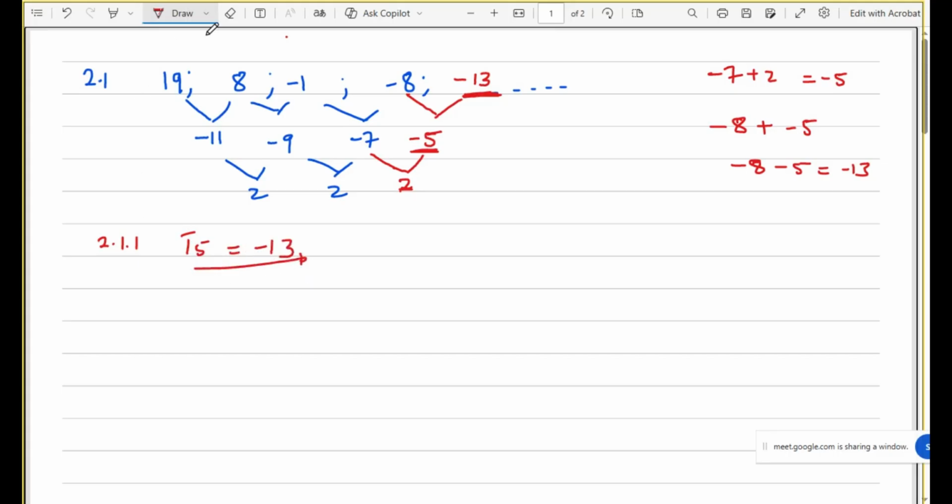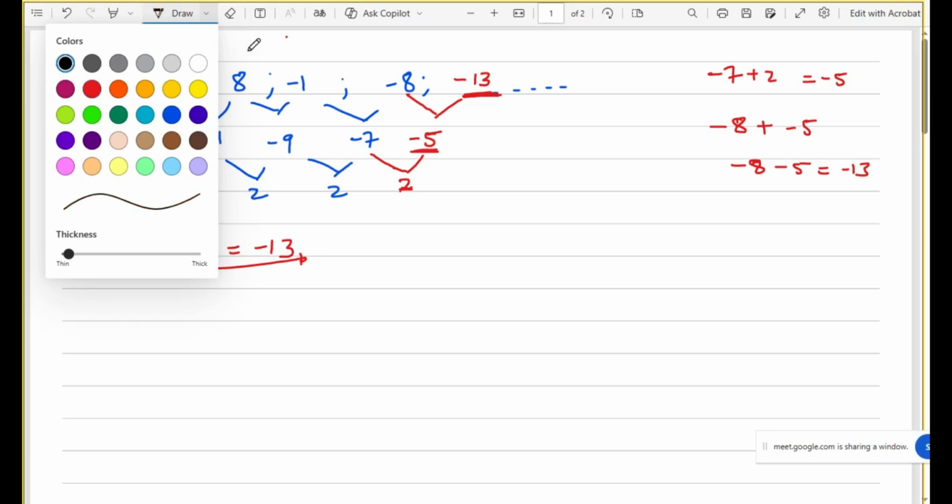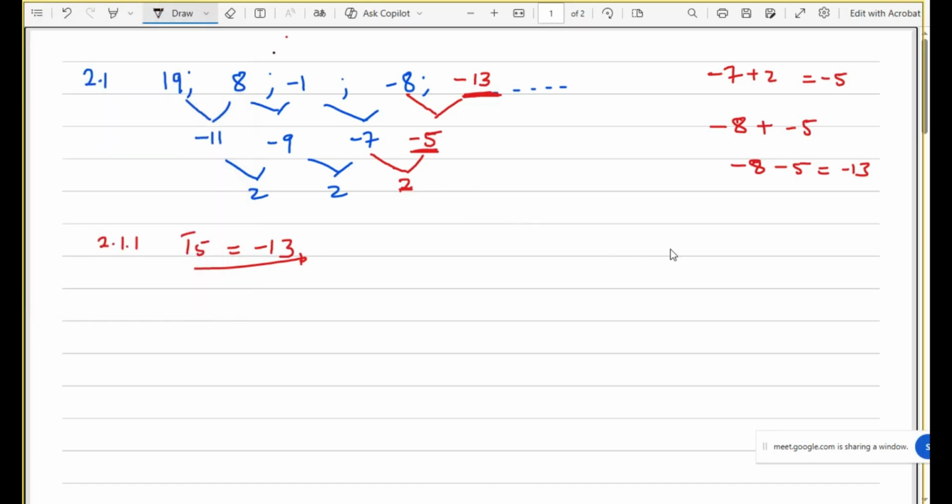Right, let me show you this algebraically. I have minus 7. Let's say this is x, which is unknown. If I take x and subtract minus 7, I need to get an answer of 2. So x plus 7 is equal to 2. The 7 goes to the other side, so x is 2 minus 7.